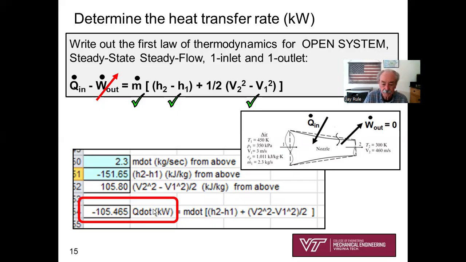That's kilojoules per second: m dot in kilograms per second times kilojoules per kilogram gives kilojoules per second, or kilowatts. The problem said to say whether the heat transfer is into or out of the nozzle surface. The answer is the heat transfer is out of the nozzle surface into the surroundings. It would be a nice gesture to write that out in a sentence, since that was asked in the problem. Not so bad.